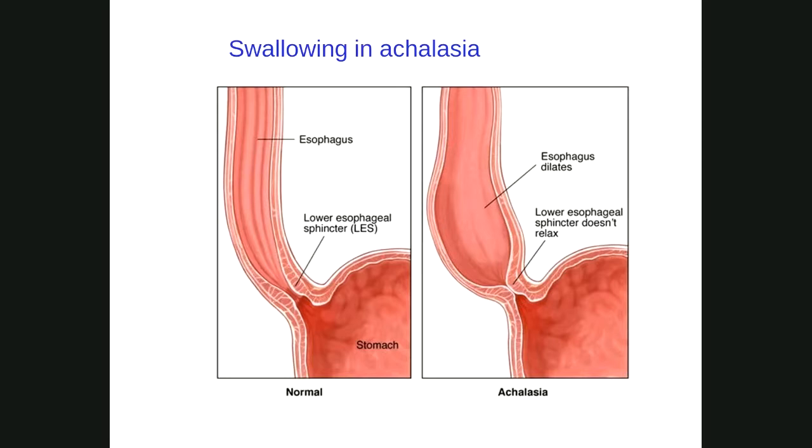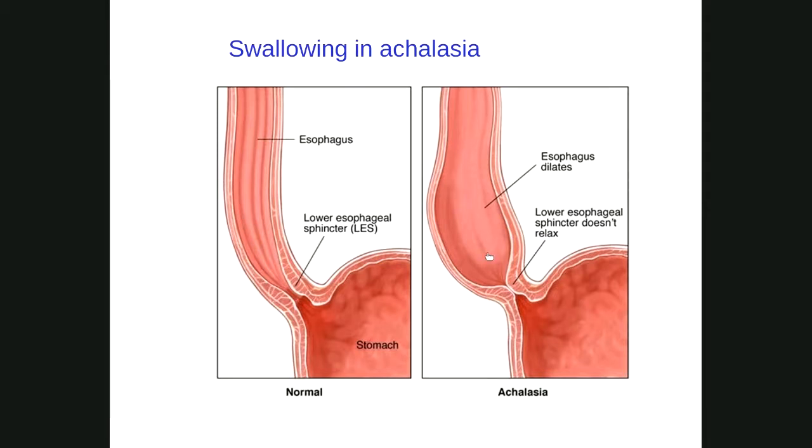Here we can see one disorder called achalasia. Achalasia is a disorder of the nerve fibers that supply the smooth muscles of the esophagus, causing increased tone of the lower esophageal sphincter, accompanied by some dilatation of the walls of the esophagus, and difficulty in swallowing, acidity, epigastric and sometimes chest pain, okay?